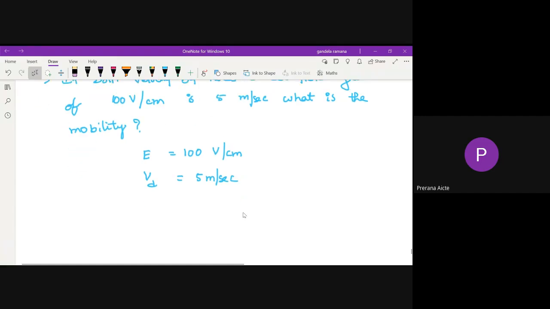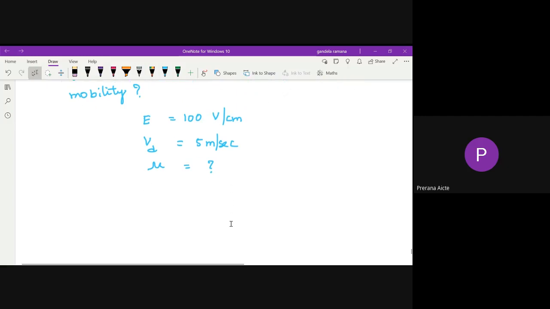The mobility, that is mu. So what is the relationship between Vd and mu? We know very well Vd is equal to mobility times electric field. We know Vd and E, so mu is equal to Vd by E.